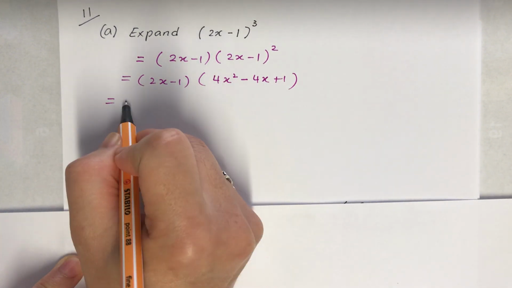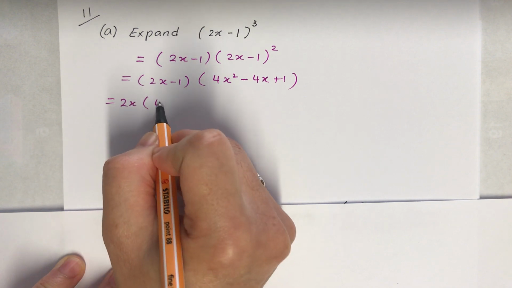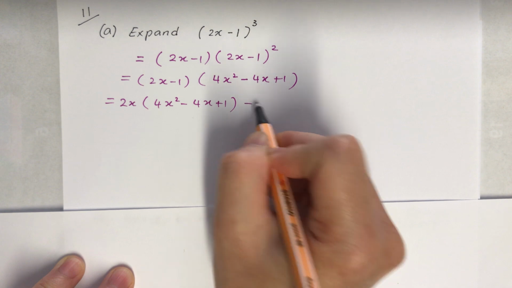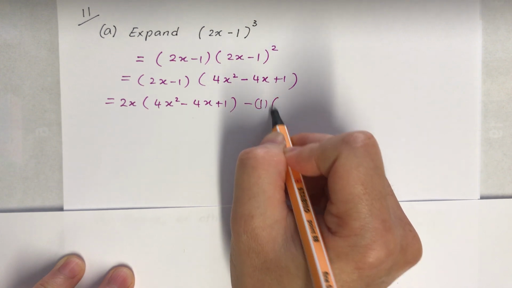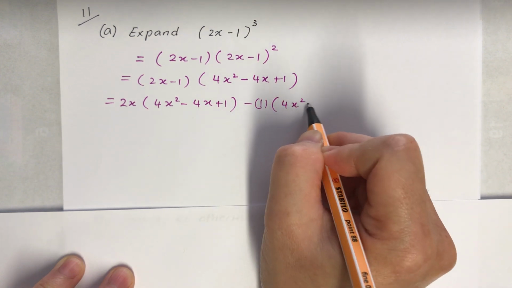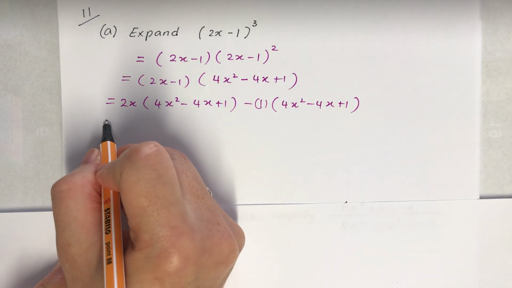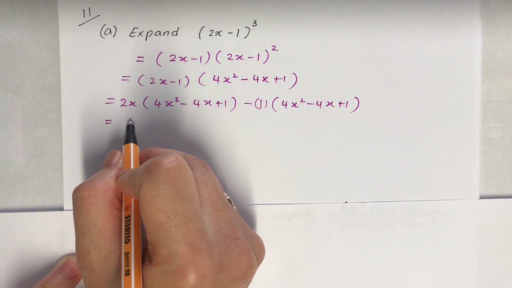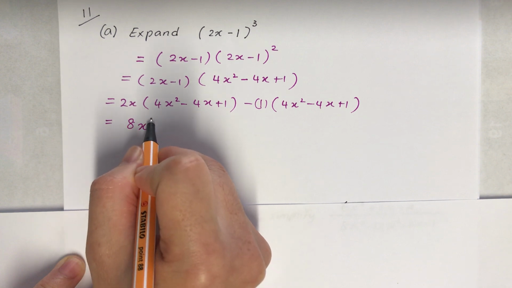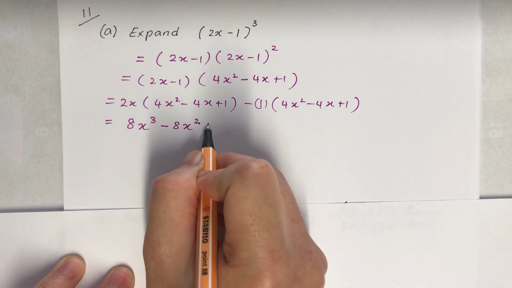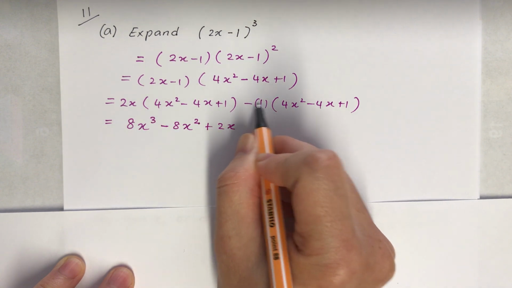And remember, I'm just going to do 2x times the whole lot and then minus 1 the whole lot. Okay, and then I'm going to expand this, so I'll get 8x cubed minus 8x squared plus 2x, and that's a minus, right?